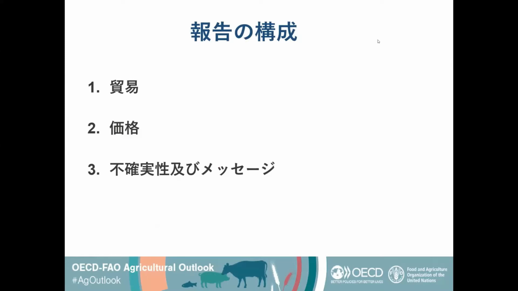The second one is prices, because prices are important to drive both consumption and production growth and bring it together to balance it, so that in the end we have equal quantities produced and consumed. And then I will speak a bit about the uncertainties and the messages we can derive out of the whole work we have done.